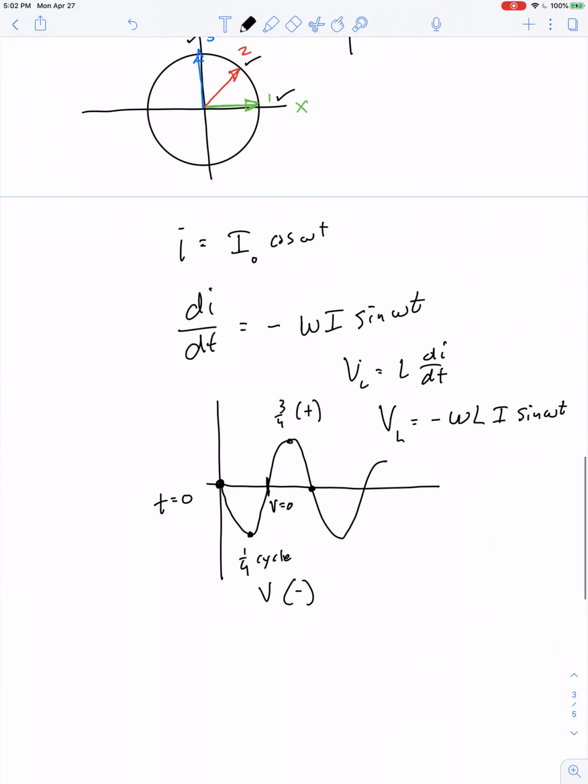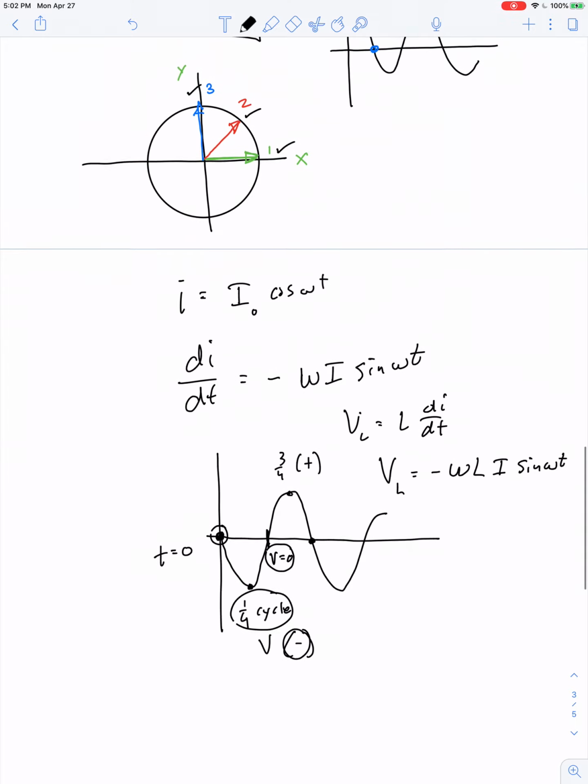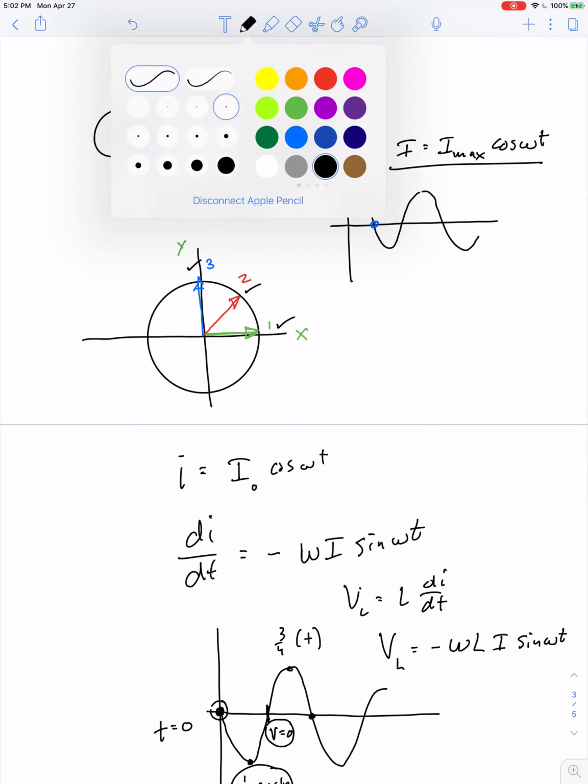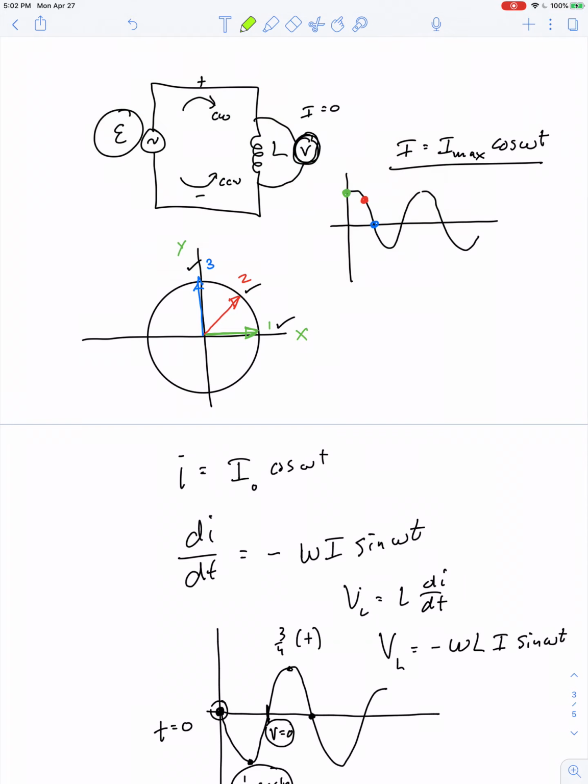It has to start out with a value of 0 volts, and after a 1/4 cycle become most negative, and then again another 1/4 cycle later back to 0. It seems like then the phasor that represents the voltage across the inductor is 90 degrees ahead of the phasor that represents the current. So this would represent the voltage across the inductor at point 1? And then what about for point 2?